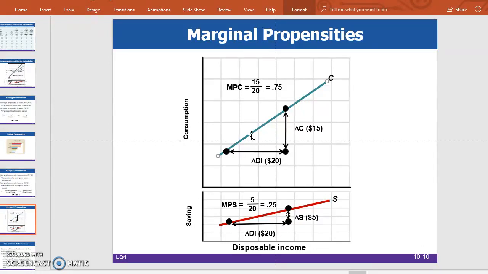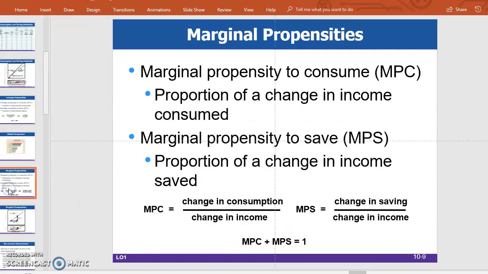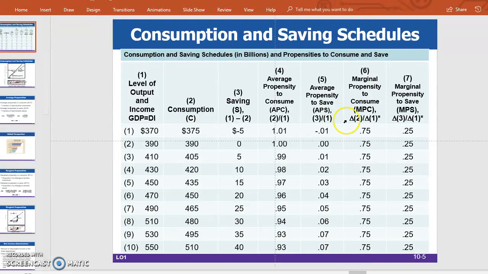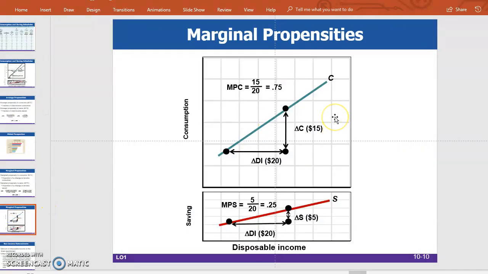So 15 divided by 20, the answer is 0.75, and that is the MPC, right? We go back to this table again, 0.75, 0.75, all over. So now we know that MPC is marginal propensity to consume, and it is also equal to the slope of that blue consumption line, right?